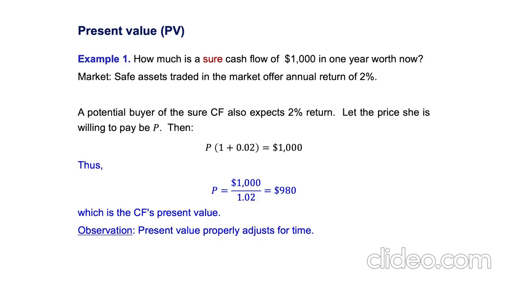So this formula is sometimes also called the discounted cash flow formula, namely the value of a cash flow or asset is given by its expected payoff discounted at an appropriate discount rate. Now, of course, we realize this discount rate really reflects the time value of money. It adjusts for the fact that $1,000 is occurring not now, but 1 year from today.